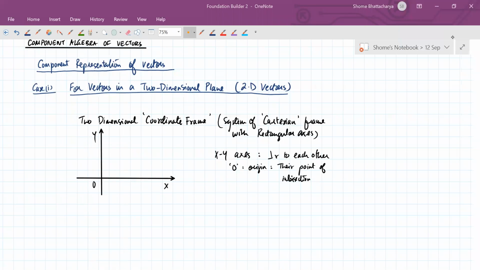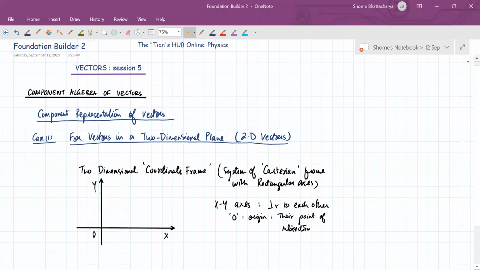So just make a note of this part. Just make a note of this part, people.